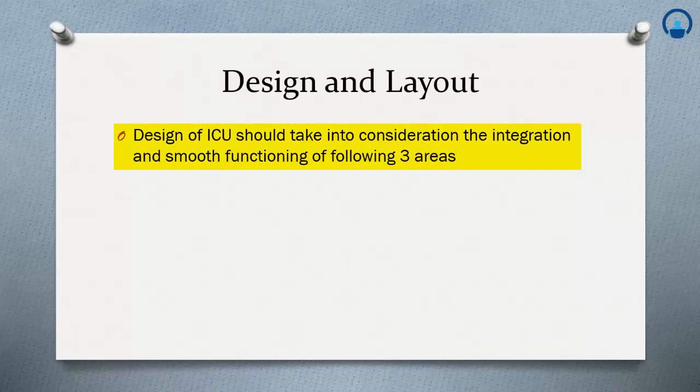The design of the ICU should take into consideration the integration and smooth functioning of the following three areas. Ideally, as we have seen, in an ICU there is a lot of collaborative work amongst the team members. So each ICU has three differentiated areas which have to be in close consideration and good coordination so that the operations of the ICU run smoothly.